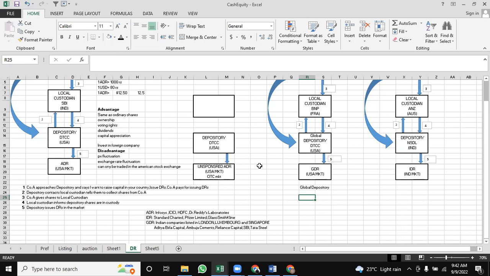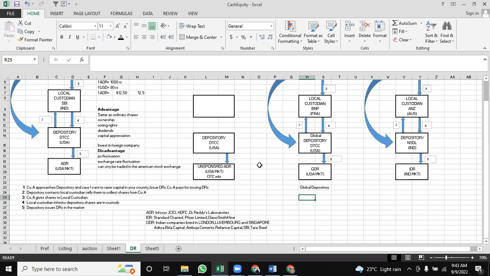Are we clear till here? Yes, ma'am. So they don't need the company's permission. They issue unsponsored ADR in the market, which will clearly mention that it is unsponsored. So if an investor invests in this unsponsored ADR, the only advantage he's going to get is capital appreciation. He's not going to get any ownership, dividends, etc. because the underlying company or the issuer didn't ask the depository to issue unsponsored ADR. They only asked to issue sponsored ADR, right? Yes, ma'am. Is this clear now?